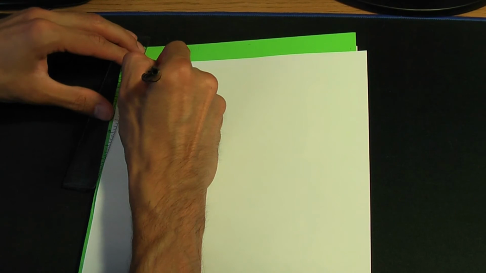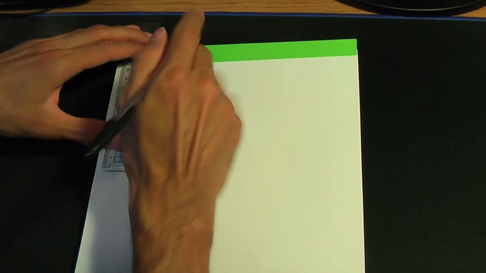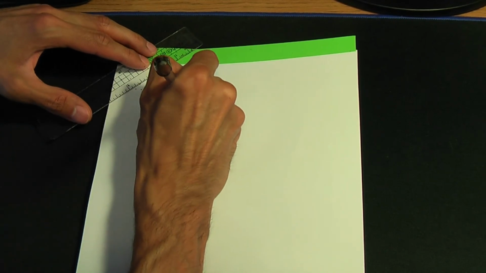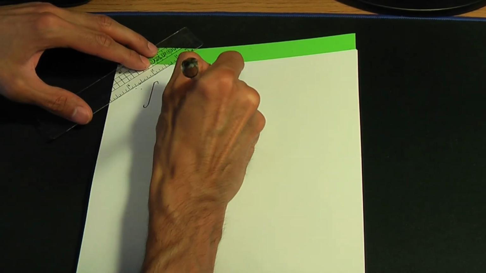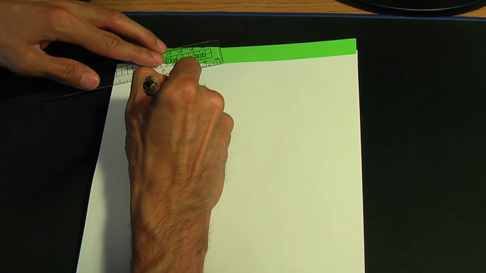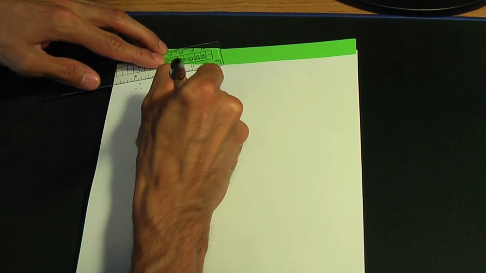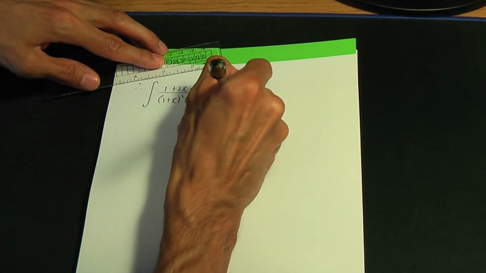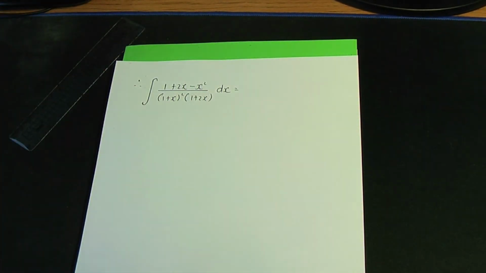Let's continue, on a fresh piece of paper. Just to conclude, the answer of the integral of 1 plus 2x minus x squared over 1 plus x squared into 1 plus 2x with respect to x is going to be as follows.